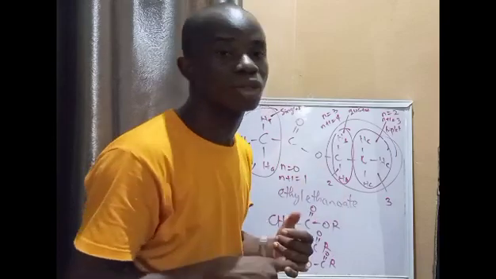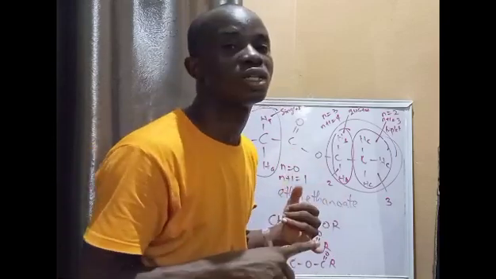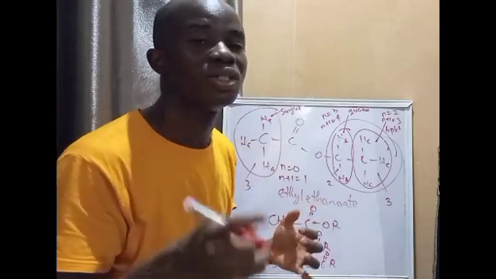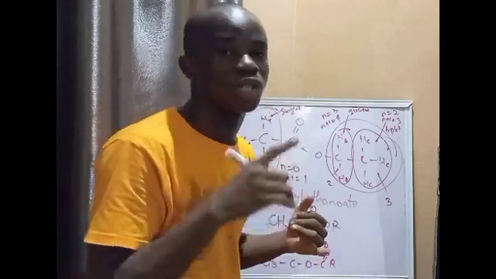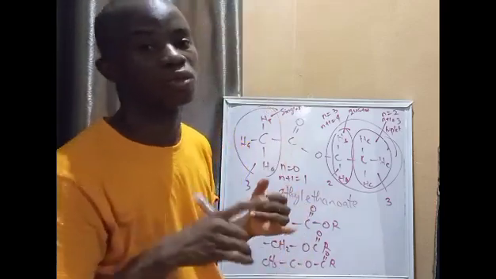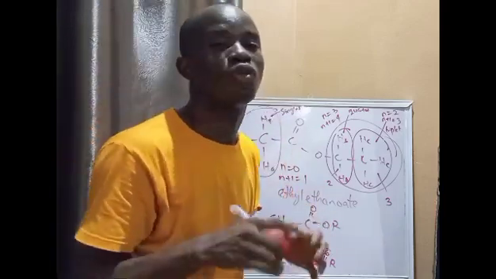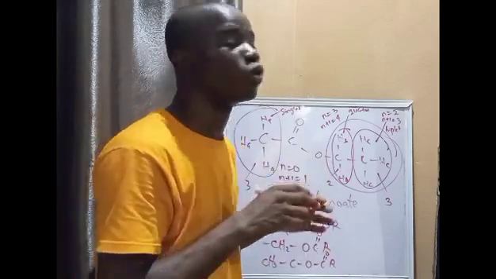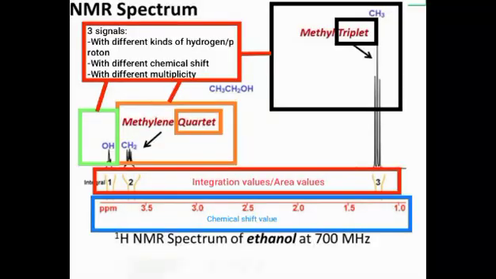And the third thing I talked about is the multiplicity, which indicates the number of hydrogens on the adjacent carbon to the carbon carrying the hydrogens responsible for a particular signal. And the last one I talked about helps us to know the number of hydrogens that are responsible for a particular signal.